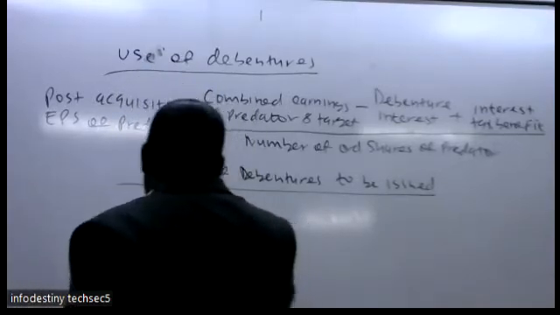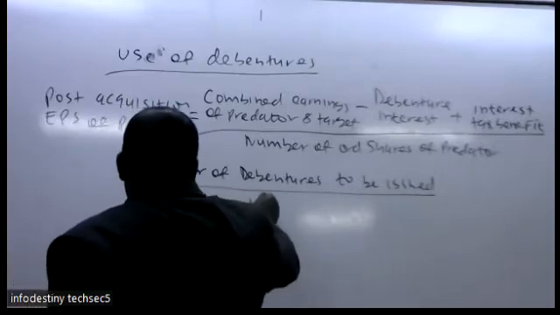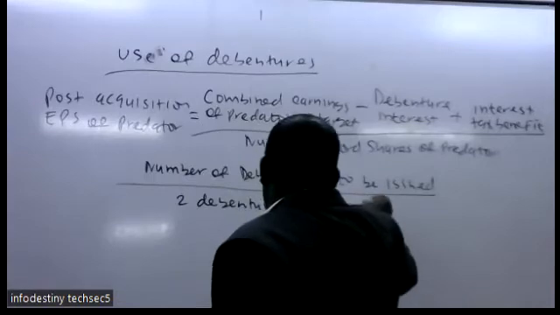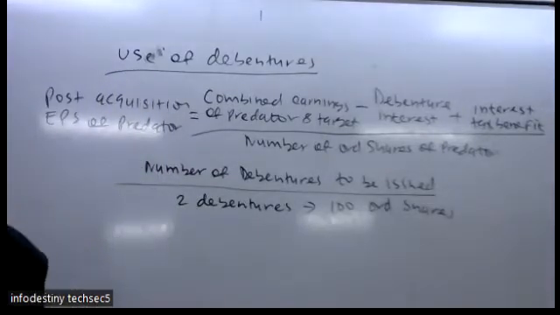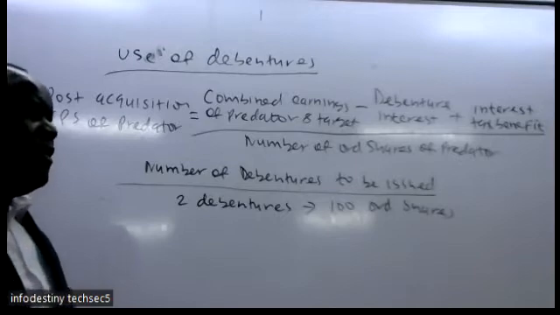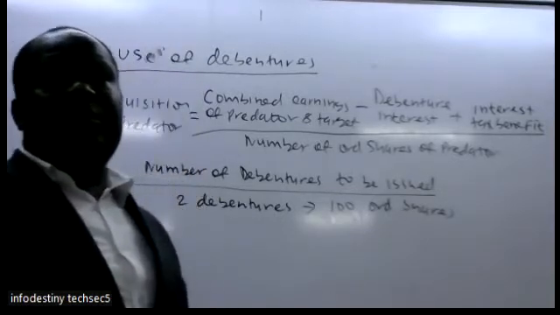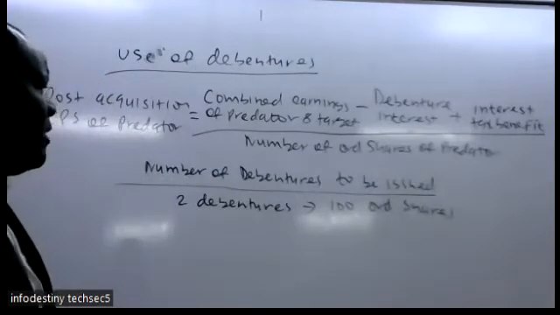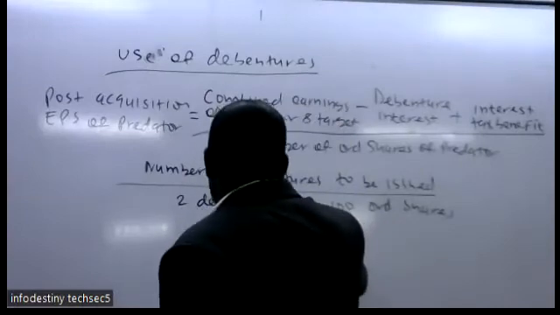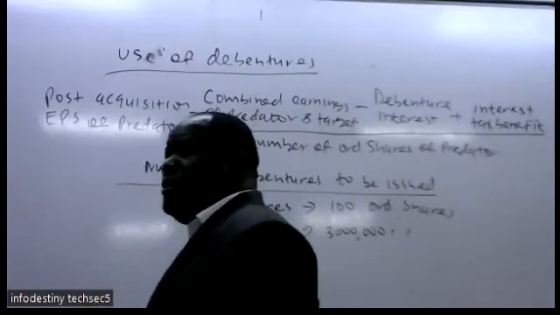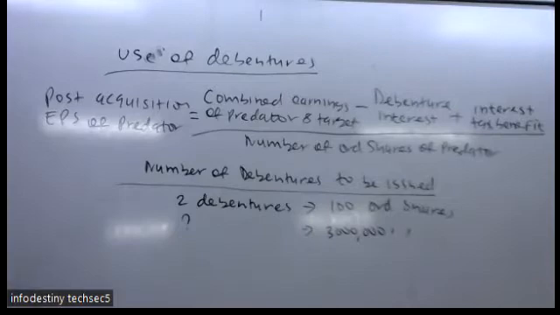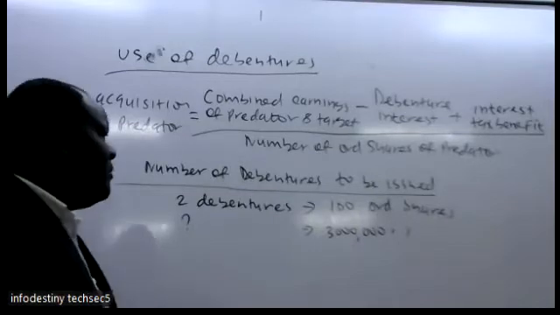So 2 debentures are equivalent to 100 ordinary shares. B Limited, which is the target, had how many ordinary shares? It had 3 million. So how many debentures were issued to acquire that target? When you cross multiply, 3 million multiplied by 2 divided by 100.